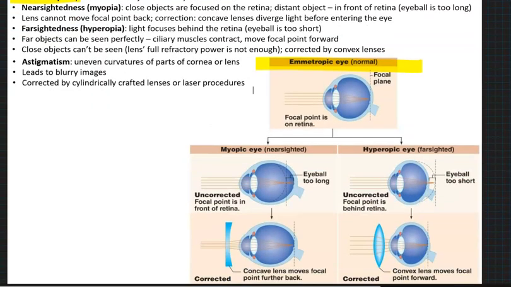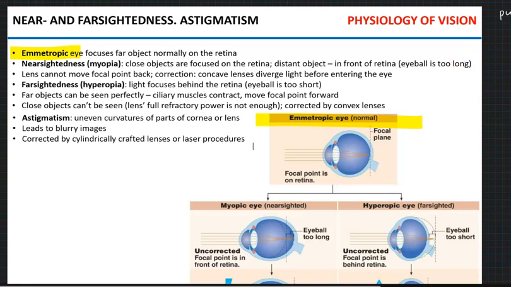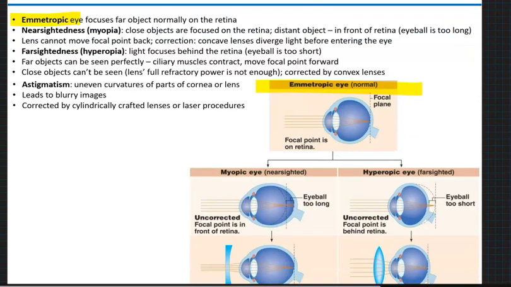Now, in a myopic eye, what you see is that the eye is too long anatomically. Does that make sense? Okay, it's physically too long.